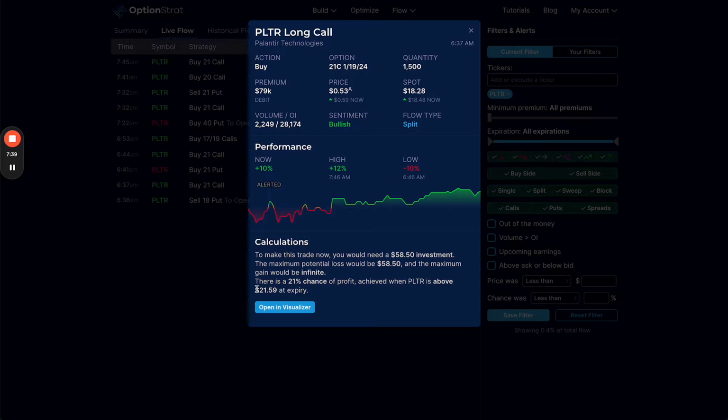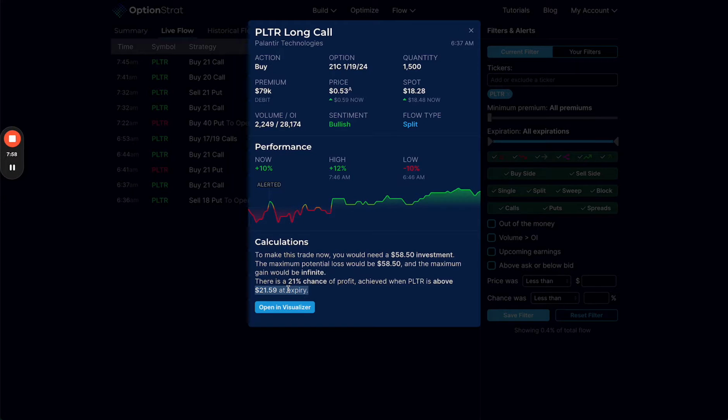And OptionStrat even tells us right here, remember how I said we have to be above $21 by the amount that we paid for this position? Well, it's telling me that right now the ask is up to $59, so it's already moved up since this person bought at 53.